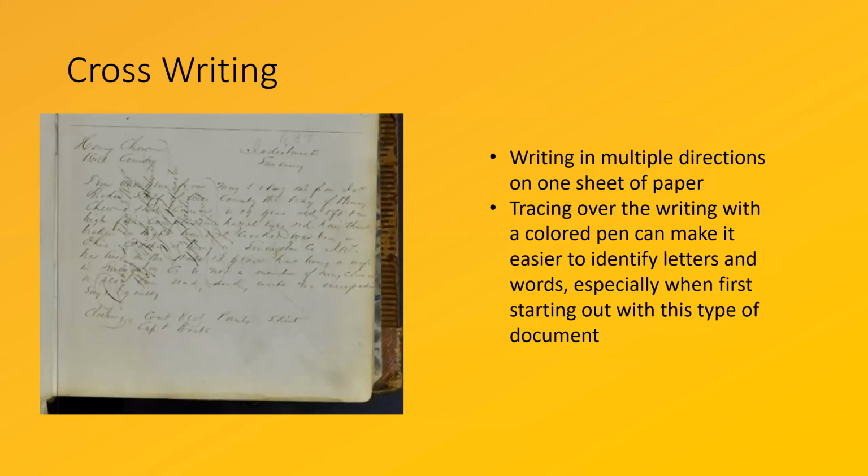Cross-writing is when, upon reaching the end of the page, the writer turns the page 90 degrees and writes across the original writing. The first few times you encounter this, it can be helpful to take a colored pen and trace over the words in the direction you're reading. I haven't personally encountered this at the Cataloging Maintenance Center yet, but a previous metadata cataloger did process a collection of Register of Illinois prison records, which includes cross-writing, an example of which is shown here.